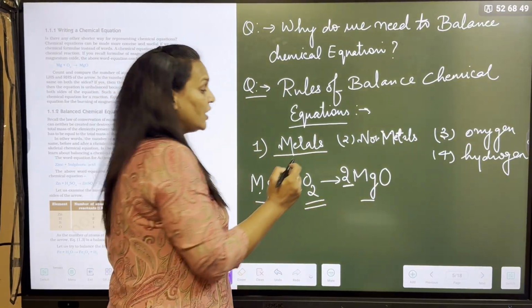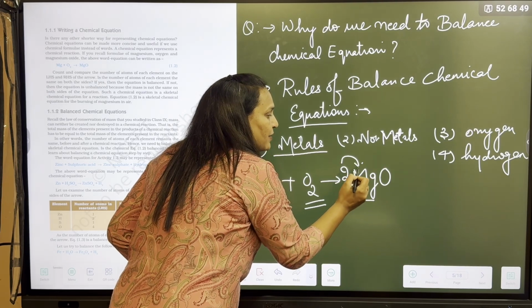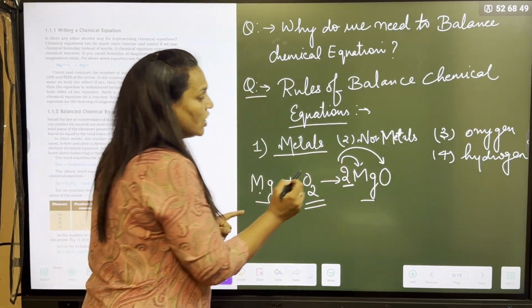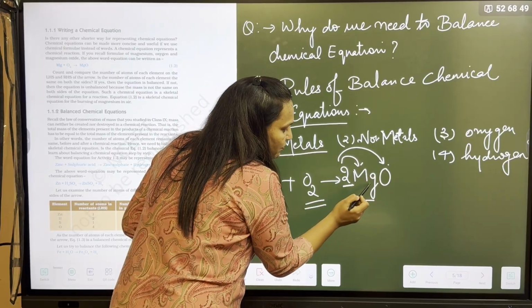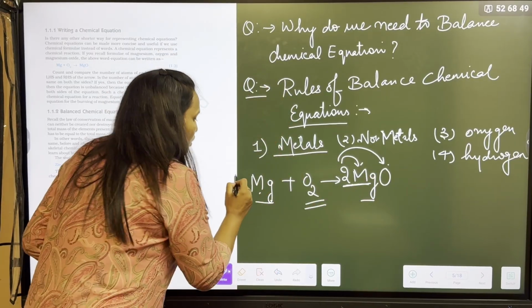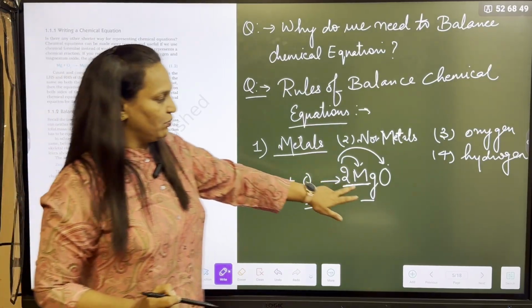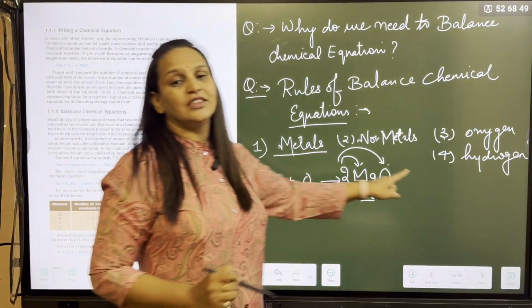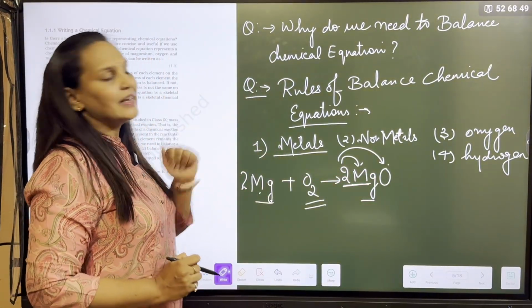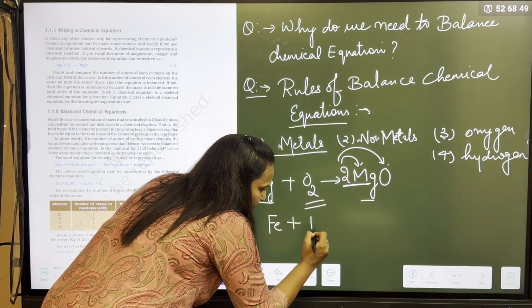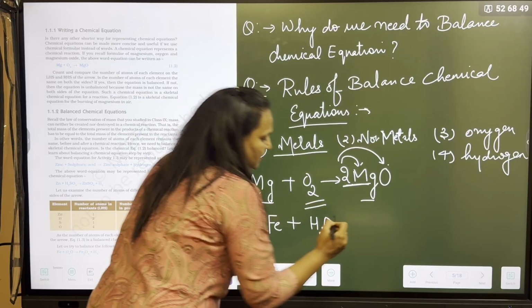Now this numeral belongs to all the elements with atoms in the compound. Now oxygen is also 2, but this magnesium has also become 2. So I will put 2 here. Now see, 2 magnesium, 2 magnesium, 2 oxygen, 2 oxygen. There is one more reaction, iron plus steam. Water is in the form of steam.